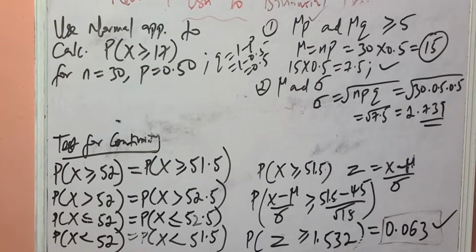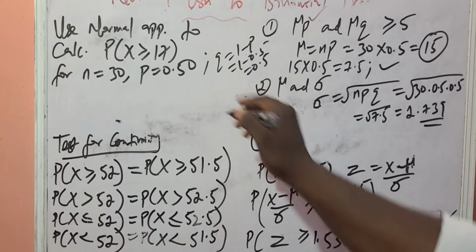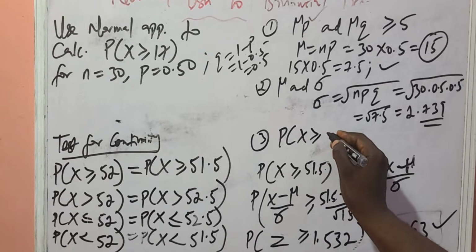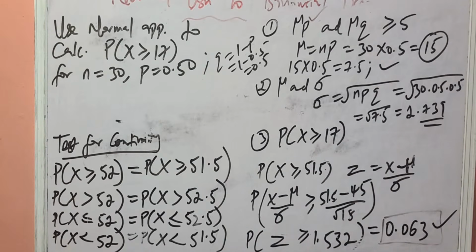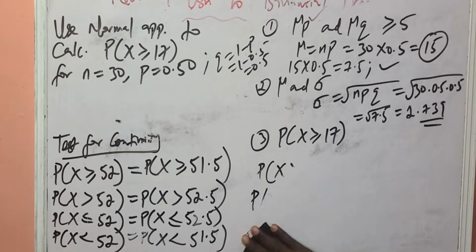Step 2, perfected. Now, step 3 is to write in probability notation. In this question, you were given it in that format already, so you don't need to sweat over step 3. But in the case where you were given a word problem, you will have to write it appropriately.